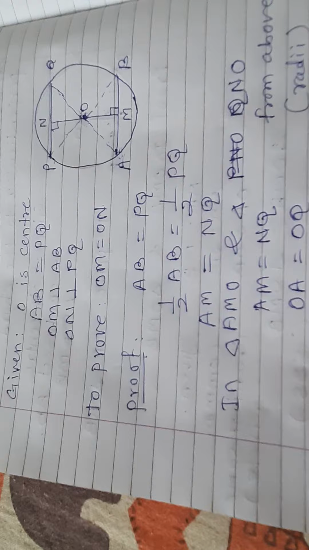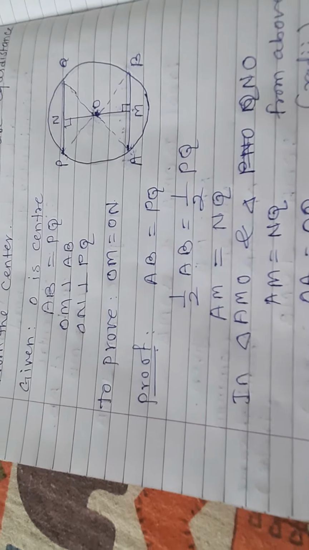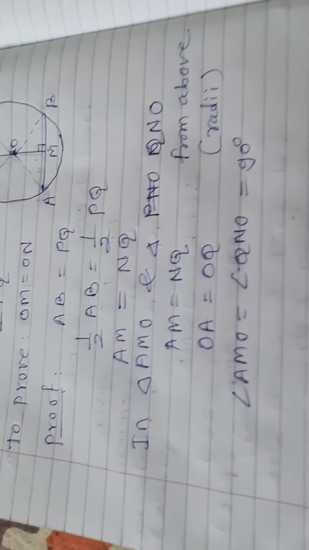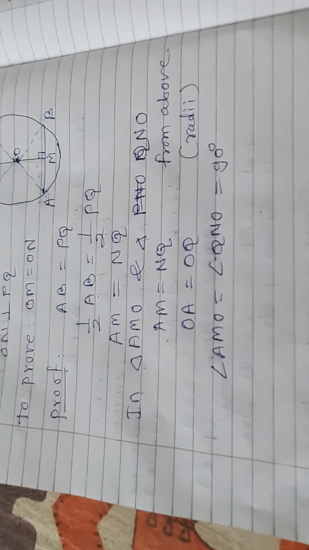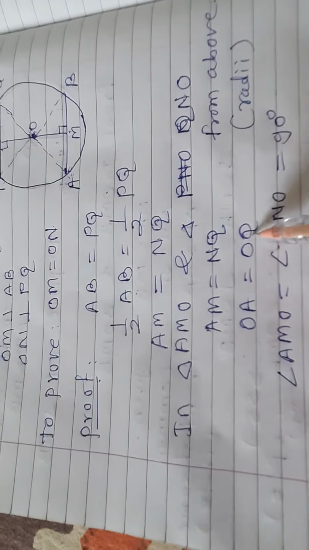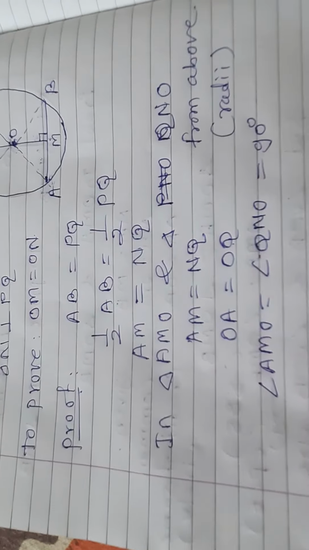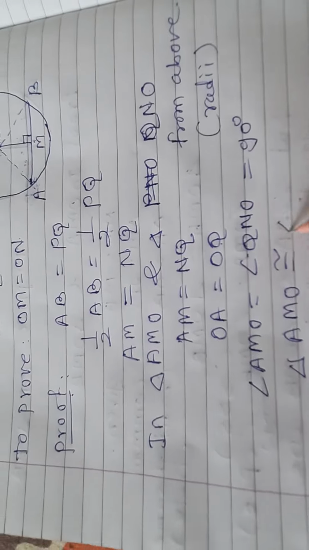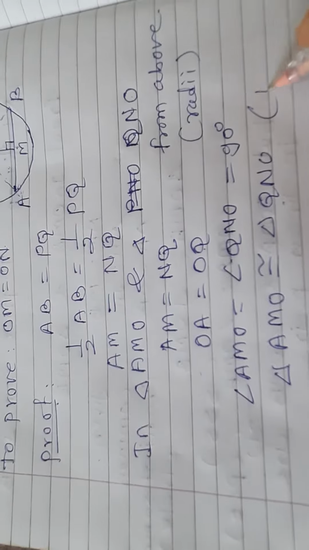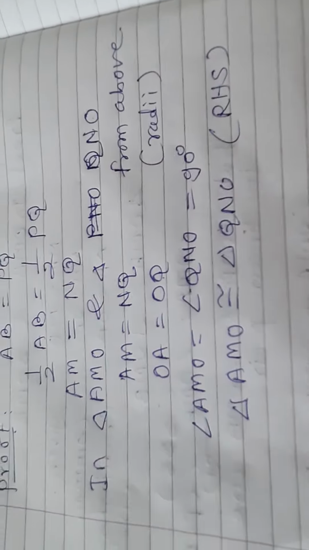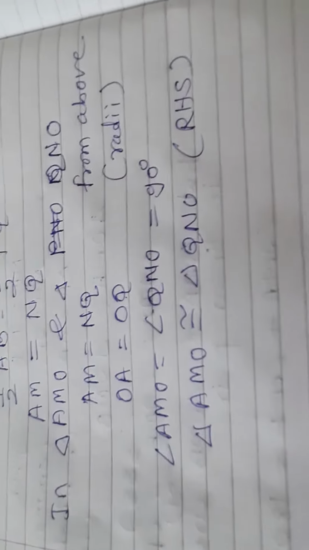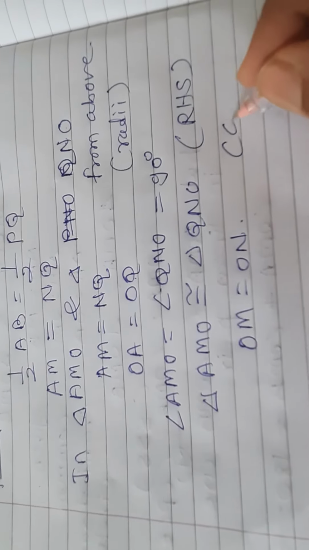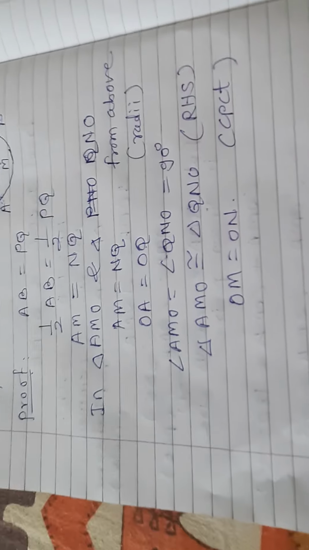Also angle AMO is equal to angle QNO is equal to 90 degrees, means both the triangles are right angle triangles, and these are the hypotenuse, these are the sides, means by RHS criteria the triangles are congruent. And if the triangles are congruent you can say that the corresponding parts are equal, means OM is equal to ON. Perpendicular distance of the chords are equal.